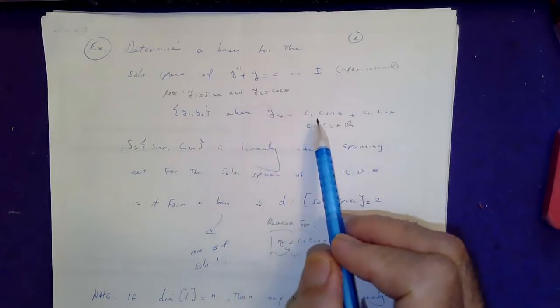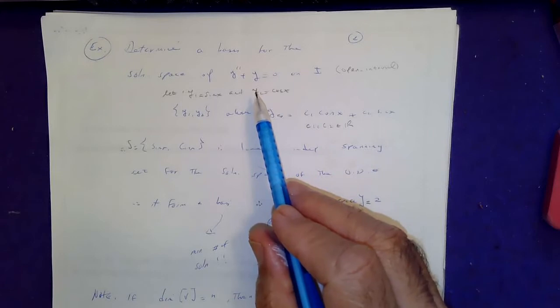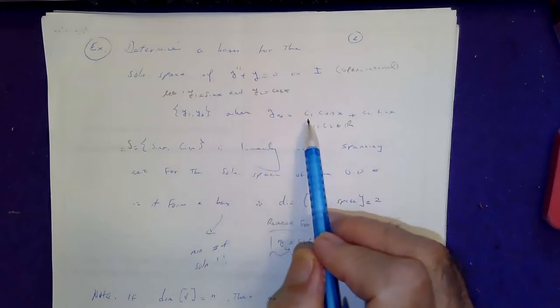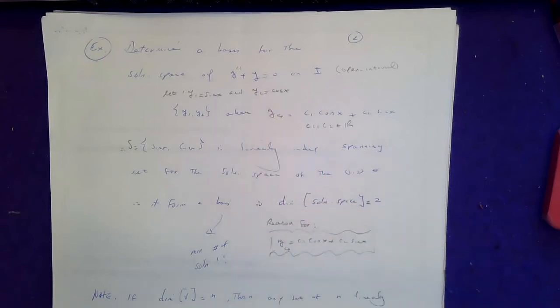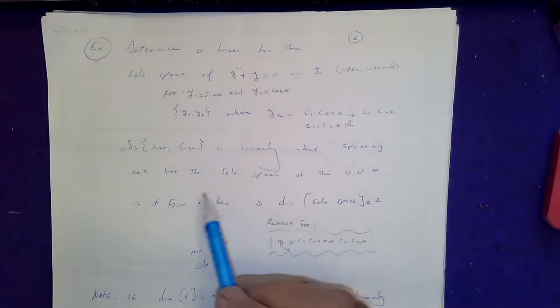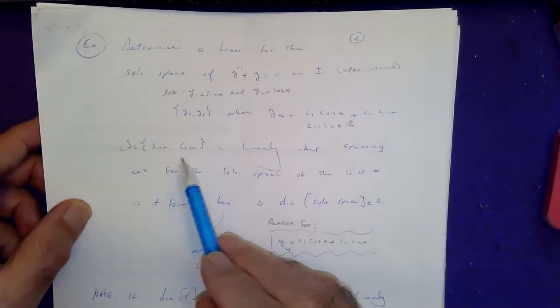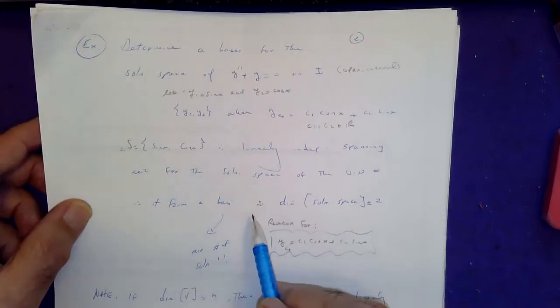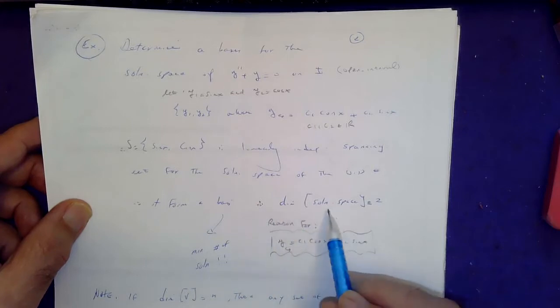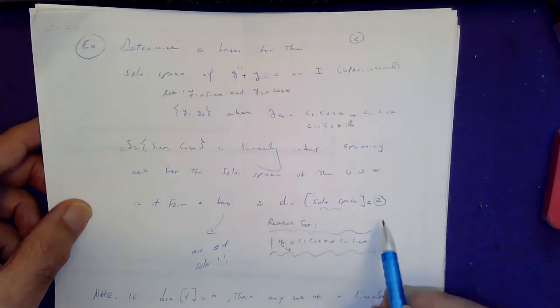Therefore, sine and cosine span the solution space, and they are linearly independent, so we have the minimum number of vectors in a basis. The conclusion is the set of vector functions, in this case sine and cosine, form a basis, and the dimension of the solution space is 2.